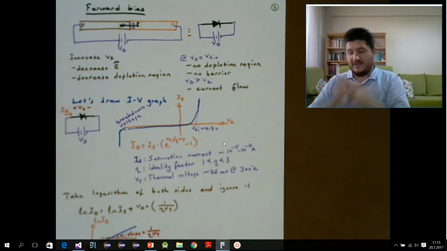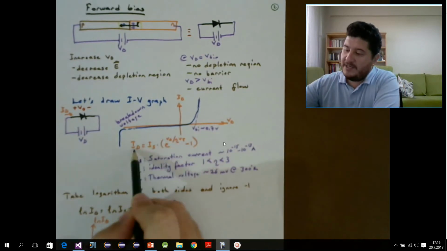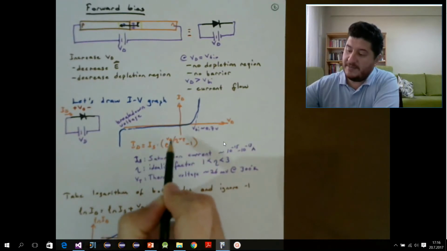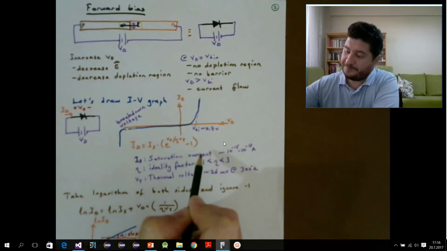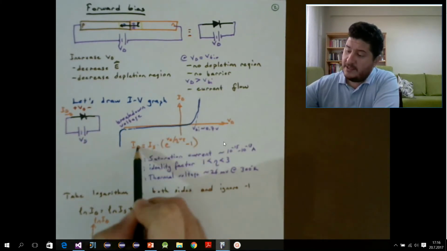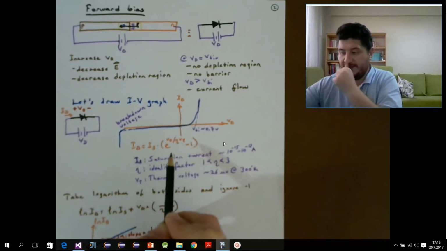Now scientists found that ID and VD obey this rule: ID is equal to IS times exponential of VD over NVT minus 1. Here ID and VD, as you can see, are related in this exponential formula.